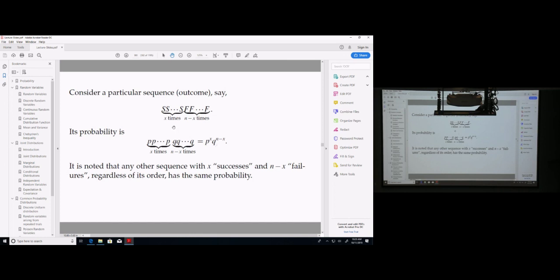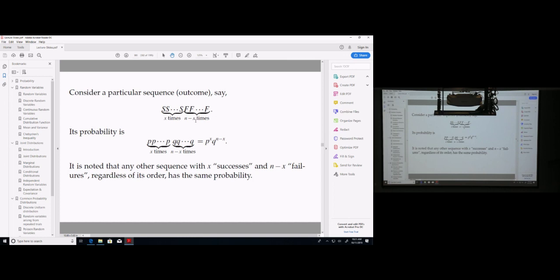But this is by no means the only outcome with x successes. As long as you think of this as writing a word of n letters, of which x are S and n minus x are F. So this is just like forming words with n letters with only 2 choices of letter.